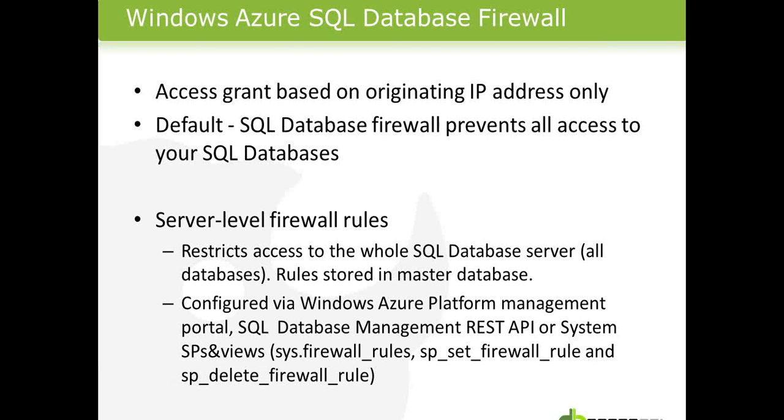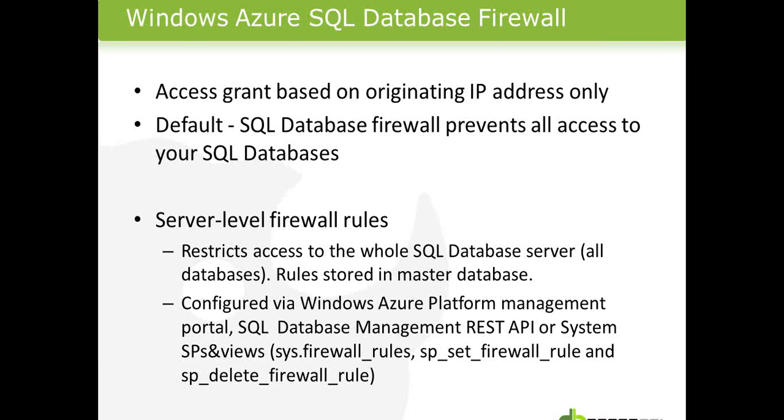Another interesting security addition that Microsoft introduced together with Windows Azure SQL Database is the Windows Azure SQL Database Firewall. It basically grants access based on the originating IP address. The default when you create a new instance and a new database of SQL Database is that nobody can connect to the database. Any access is blocked by the SQL Database firewall.